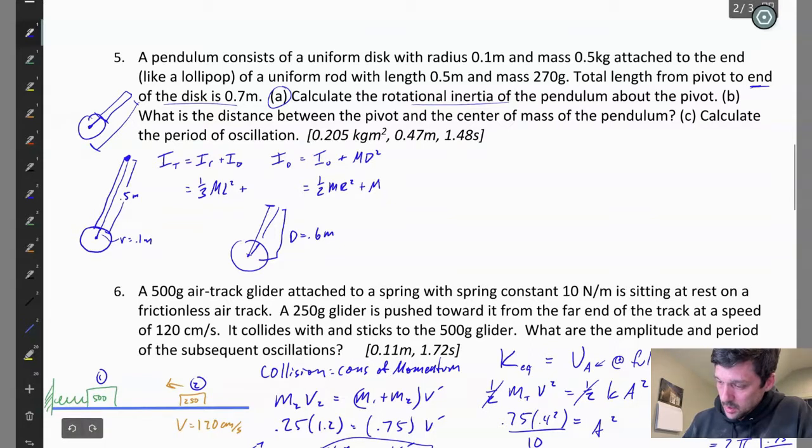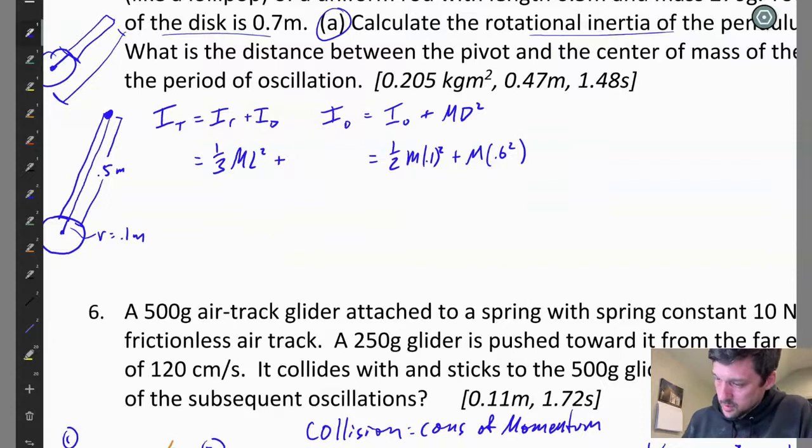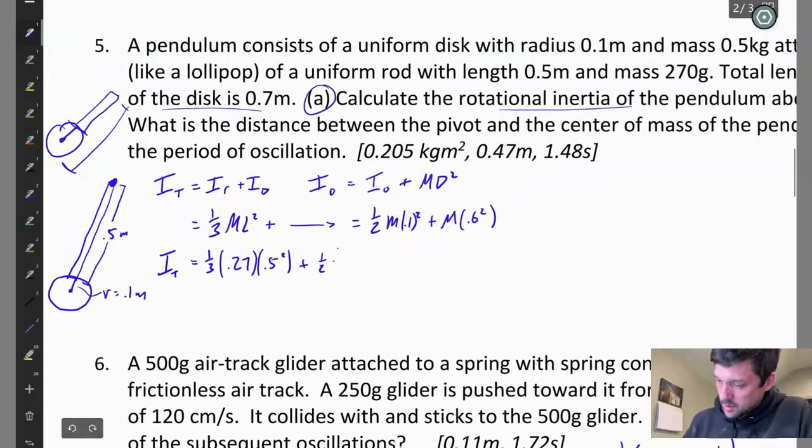So the total moment of inertia is going to be 1/3 the mass of the rod, which is 0.27 kilograms, times the length of the rod, which is 0.5 squared, plus 1/2 of the mass of the disc, which is 0.5, times r, which is 0.1 squared, plus, again, the mass of the disc, which is 0.5, times d, which is 0.6 squared.